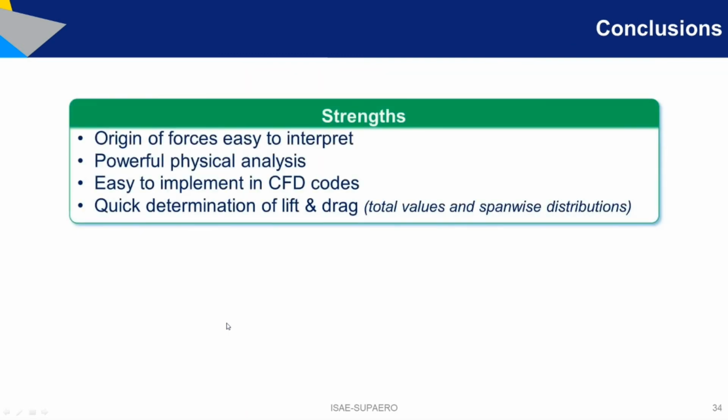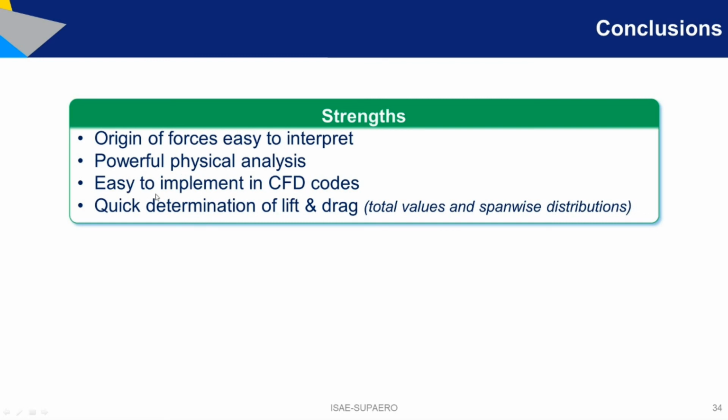So regarding the lambda vector, let's summarize its strengths here. First of all, it provides a physical interpretation of the forces that is very, very easy to interpret. Once you understand how to interpret the equations, you can directly apply this interpretation to the physical analysis, and that will give you a better understanding of the physics.